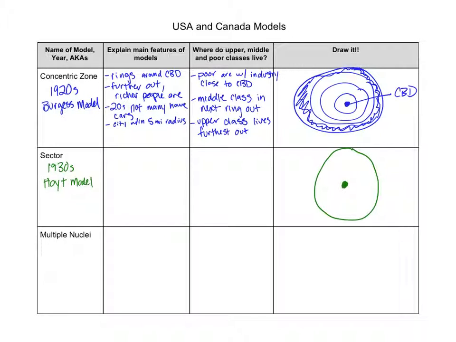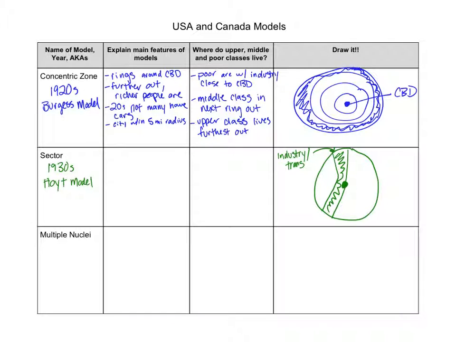Okay, so when you have your CBD here in the middle, there's going to be this kind of zone out of the CBD that's going to be your industry and transportation section. So that's kind of like your industry, transportation. Okay, so that's that one right there.